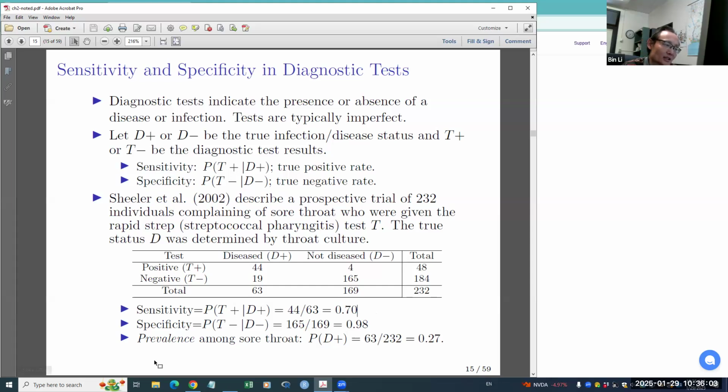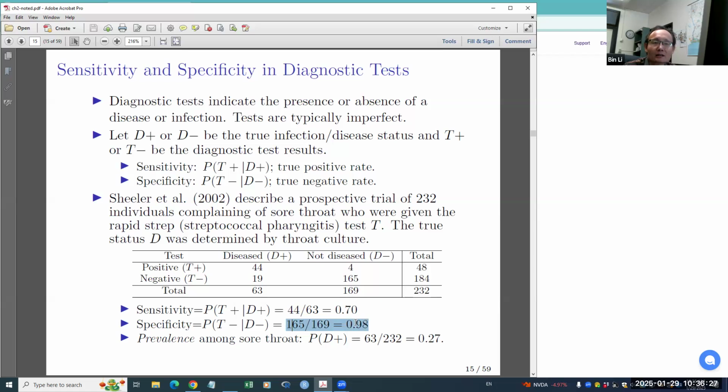So the specificity is what? Specificity is among all the non-diseased. So we have 169. We have 165 who are negative. So the specificity is 165 over 169. So that's 98%.